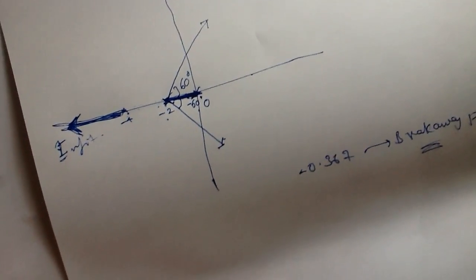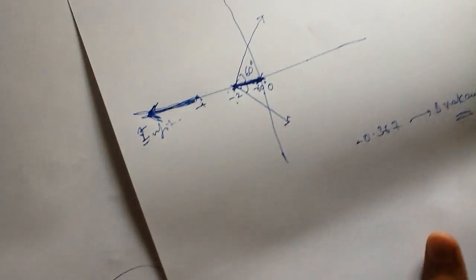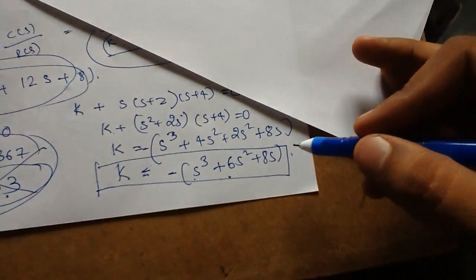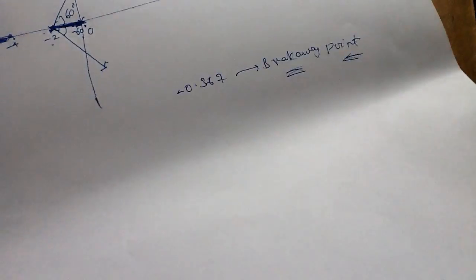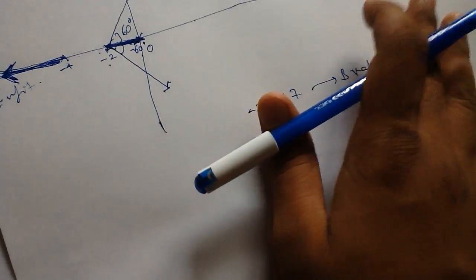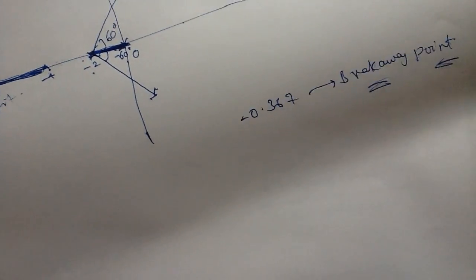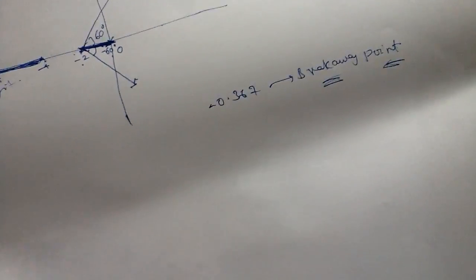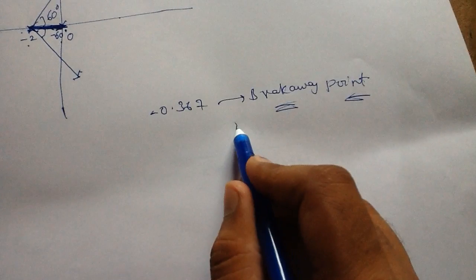All you need to do is substitute that value in your k equation. If the result you get is real and positive, then that is your real breakaway point, and it is also a part of the root locus. So this is how you find out the breakaway point.